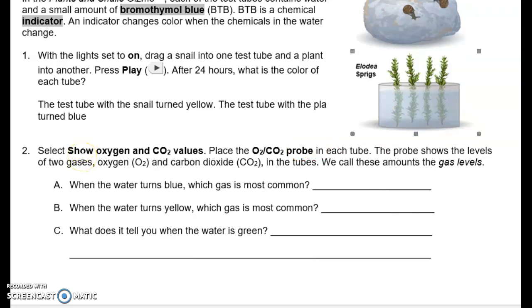Moving on to question 2 for the warm-up. Select Show Oxygen and CO2 values. Place the O2, CO2 probe in each tube. The probe shows the levels of 2 gases, oxygen and carbon dioxide, in the tubes. We call these amounts the gas level.